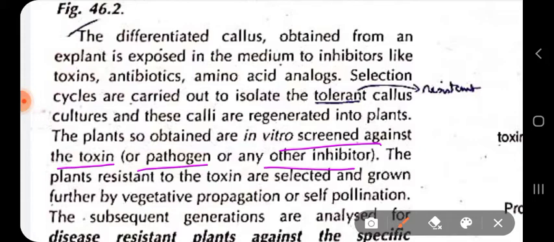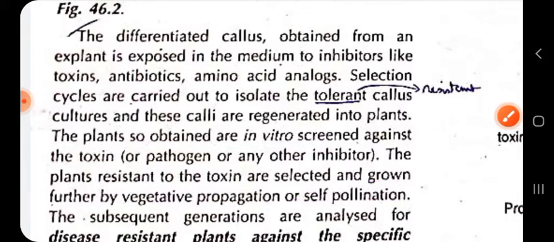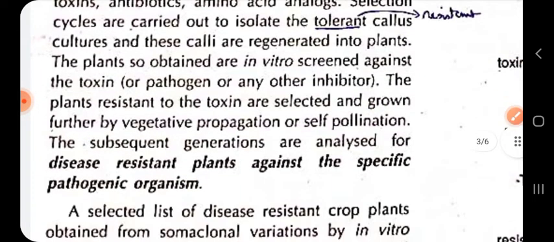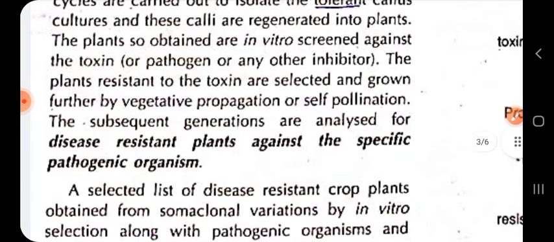The plants which are resistant to the toxin are selected and grown again by self pollination or by vegetative propagation, and subsequent generations are further analyzed for disease resistance against the specific pathogenic organism. In this way, disease resistant plants via somaclonal variation can be achieved.